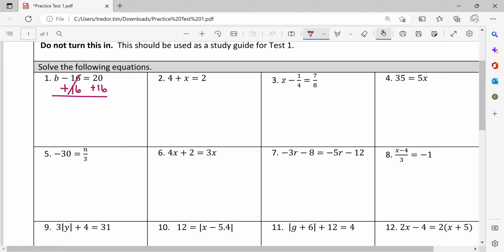So in essence it cancels out, and on this side of the equal sign I've got just b left. In order to keep it a balanced equation, I'm going to add 16 to the other side of the equal sign, so to the 20, and that's going to be 36.